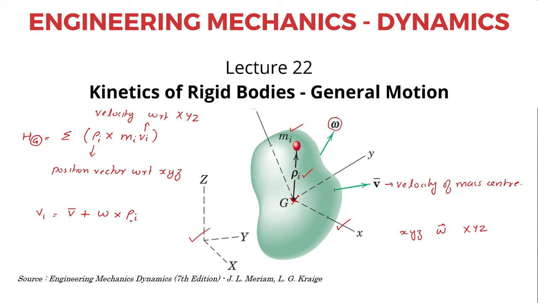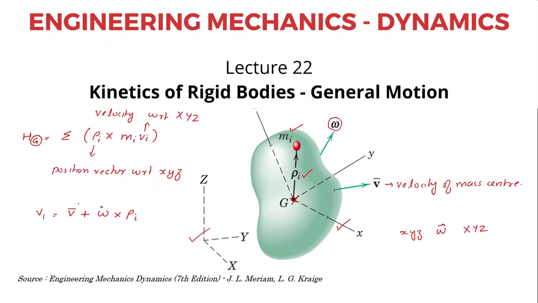So substituting this in Hg, I will get Hg is equal to sigma rho i cross mi into v bar plus omega vector cross rho i vector. All these are vectors, as in the earlier case also.